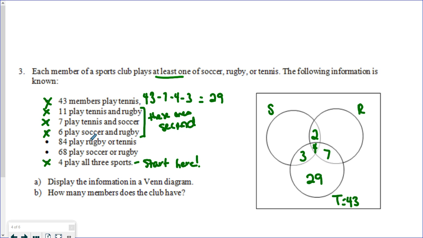We can go to this rugby or tennis part. So that's 84 people play rugby or tennis. So 84. I'm going to subtract the 43 from tennis, right? That's this whole circle here. So 84 subtract 43 subtract 2 will get us 39 individuals that play only rugby.